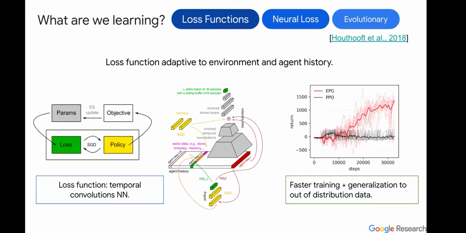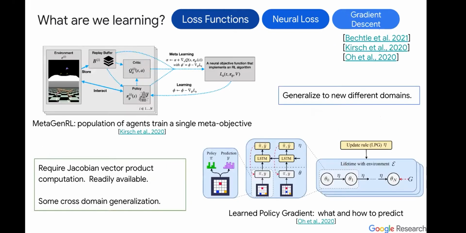These tricks of using several last observations when training RL agents are something the applied RL community does as best practice, because it gives you a little bit of history. What they're doing is putting that into the architecture of the loss function itself, and the loss function then becomes adaptive to the environment and the agent history. They end up with faster training and generalization to out-of-distribution data across different MuJoCo environments. So if it's trained on Ant, it goes to Humanoid and so on.